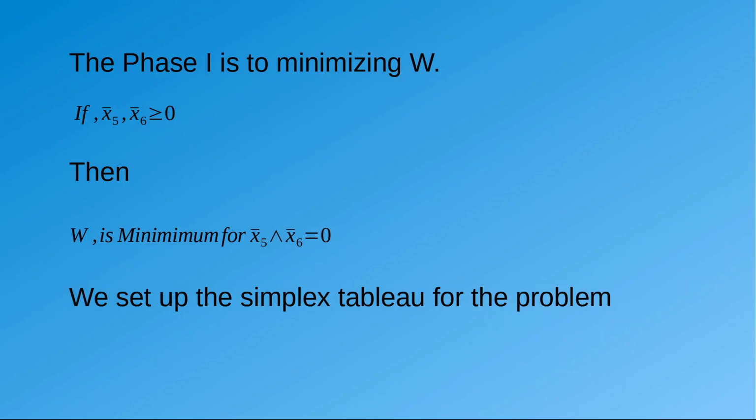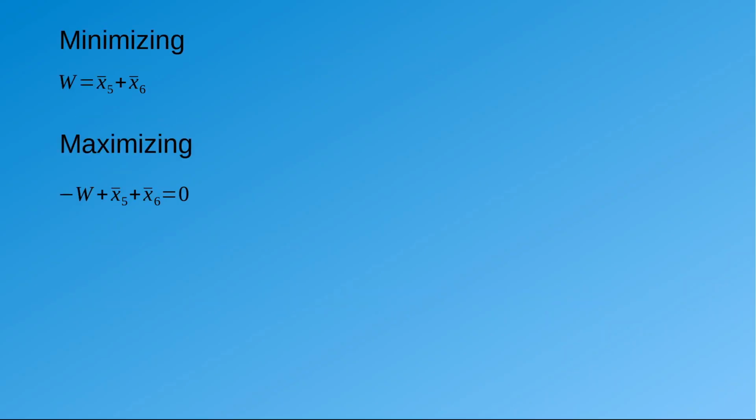Remember one thing, x5 bar and x6 bar are positive. So w will be minimum only when x5 bar and x6 bar are equal to 0. So we have to use the simplex method in such a way that we get x5 bar and x6 bar as 0. So we set up the simplex table for the problem.